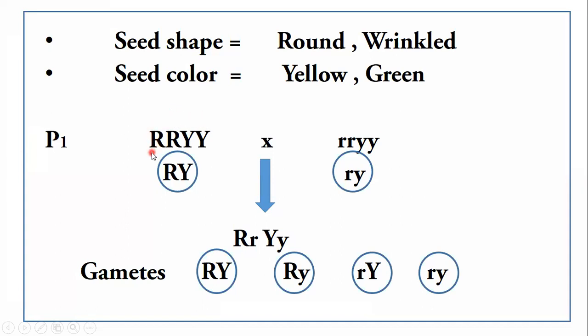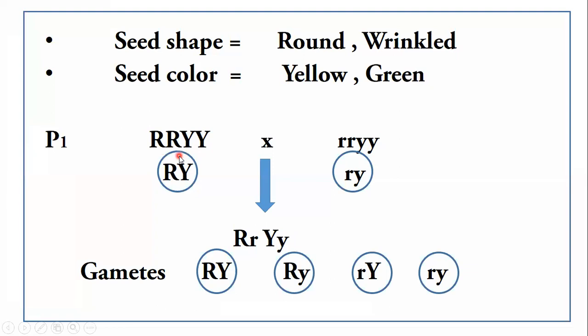So the first parent has a phenotype round yellow, and that parent is present in homozygous condition for the round allele and homozygous for the yellow allele. So the round yellow parent is crossed with the wrinkled green parent, and the wrinkled allele is present also in homozygous condition, and the green alleles are also present in homozygous condition.